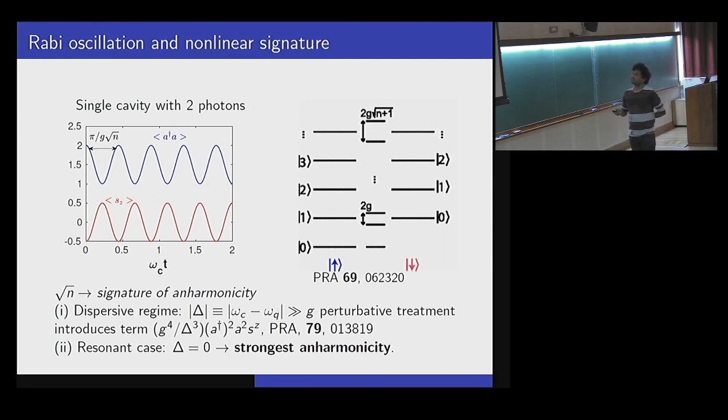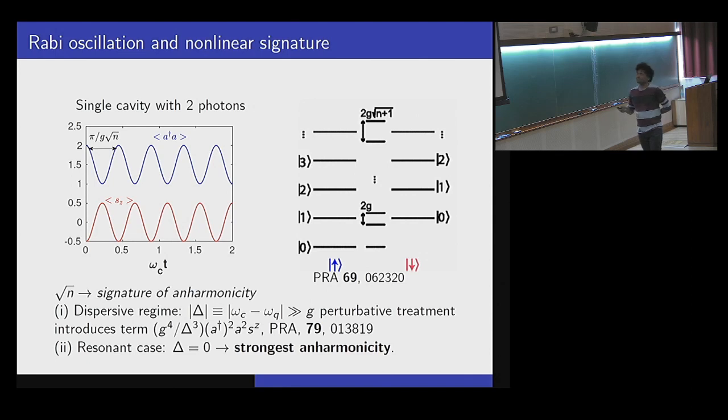Here we see the cavity and qubit oscillate in an out of phase fashion. Whenever the qubit reaches an excited state, there is a dip in the photon content. These are basically the Rabi oscillations.